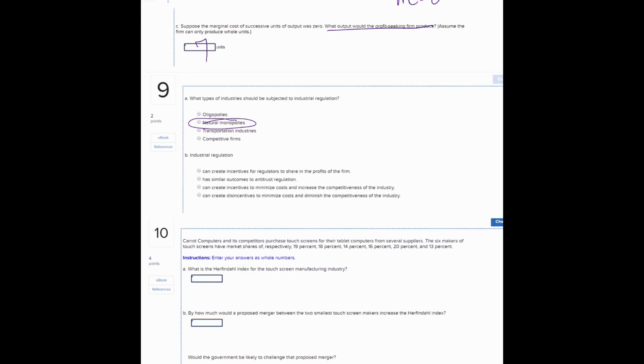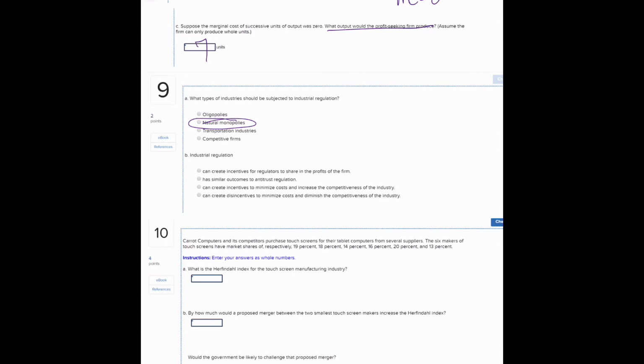A natural monopoly is something like a power company, where they can utilize economies of scale. They can produce a lot of something at a lower per unit cost than a smaller firm would be able to produce it at. And as a result, they are often regulated by the government to make sure that they don't take advantage of their monopoly power and raise prices.